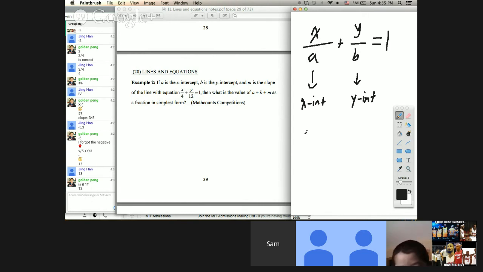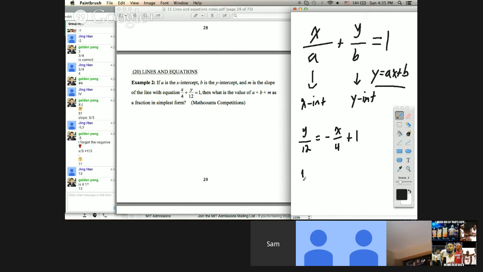So slope-intercept form is y equals mx plus b. And we're trying to get this to look like this. So first we move the x over. So we get y over 12 equals negative x over 4 plus 1. And then we multiply everything by 12 because the coefficient of this is 1.